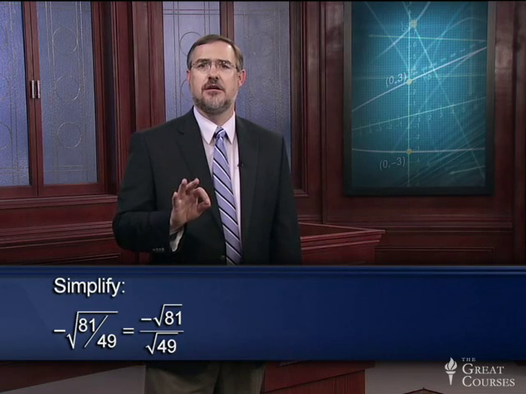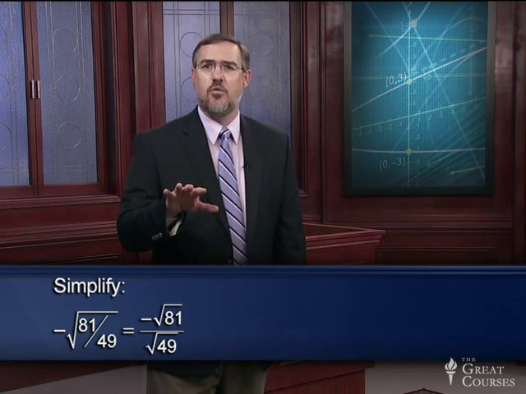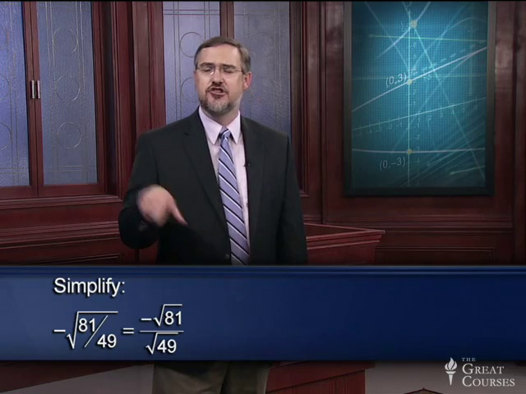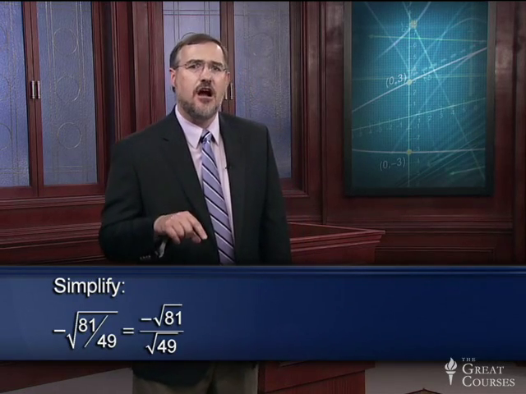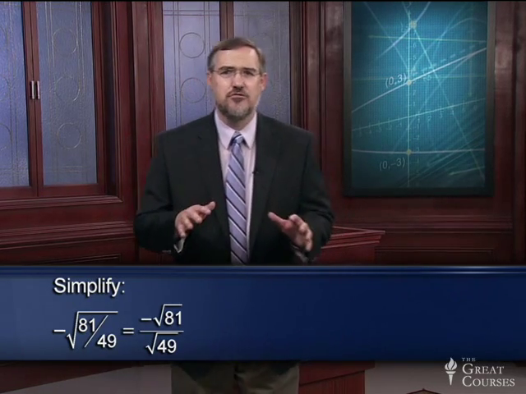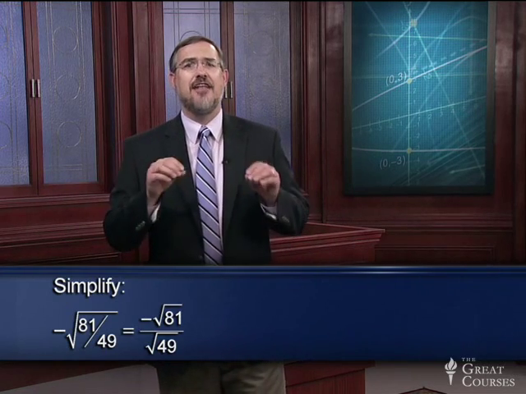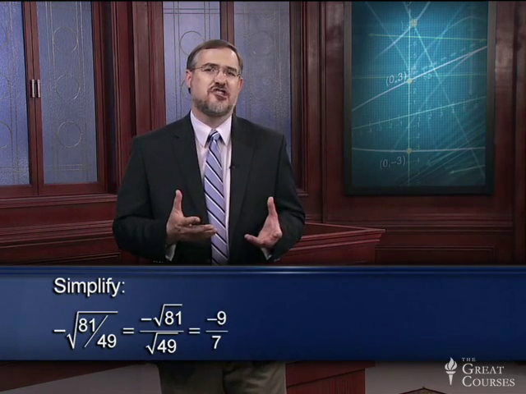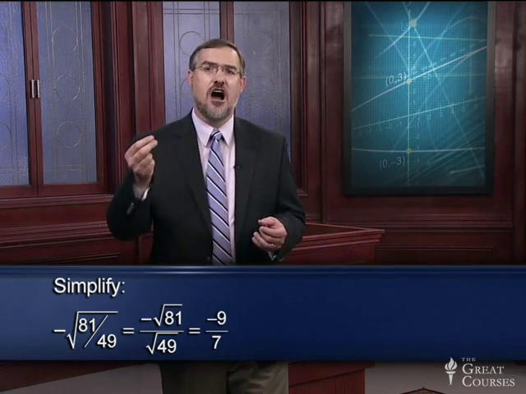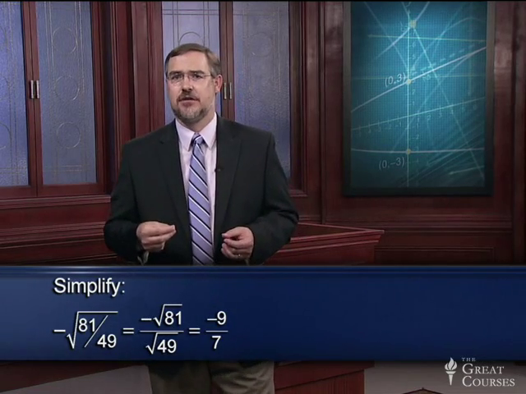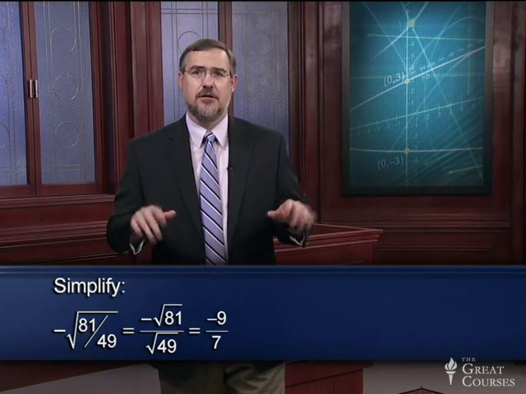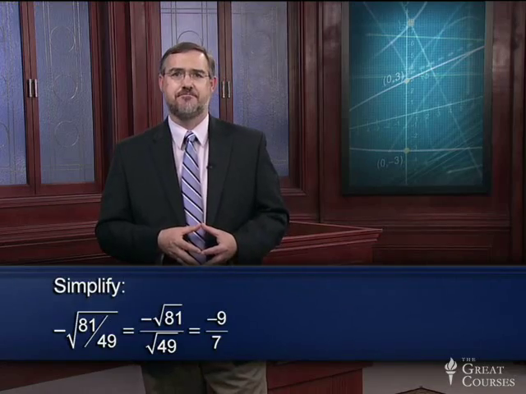So far, so good. Now, if you know some facts about squares, you know that 81 is 9 squared and 49 is 7 squared. I picked those 2 numbers pretty carefully. And that means that our new fraction is actually the same as negative 9 divided by 7. You can't get that any simpler, and so that's the final answer here.